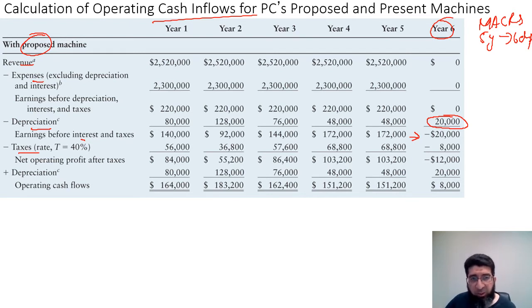Then we have net operating profit after taxes, which is also negative. Then we have depreciation, which is we add back all the non-cash items. This helps to calculate the operating cash flows, which is given in the next line. And now we have all the figures for operating cash flows.